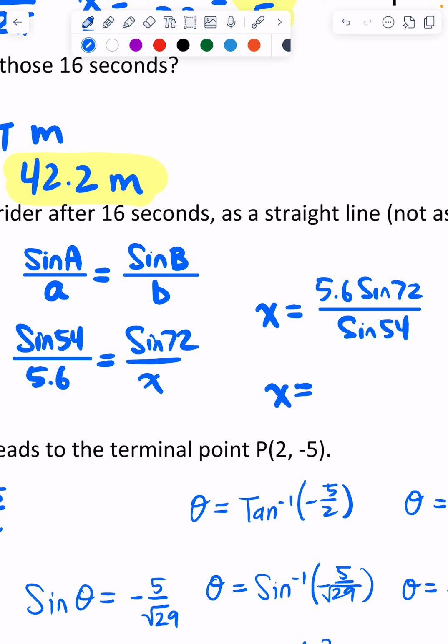This set of notes, by the way, is taking longer than I wanted it to, but I hope it's making sense and giving you a little bit of extra thinking for studying for this quiz that's coming up. So 5.6 times sine 72, divided by sine 54.